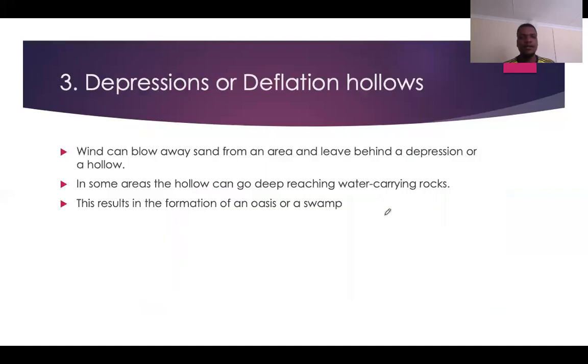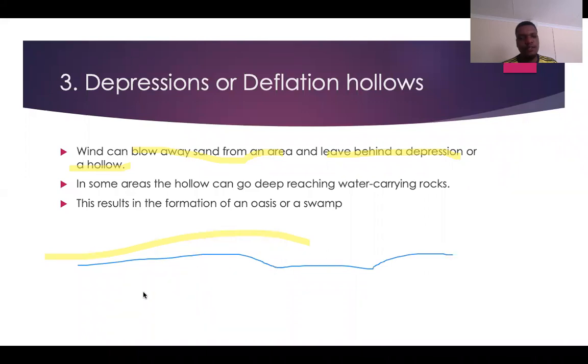Then the third thing on erosion is depressions or deflation hollows. I've already explained this. It's when the wind blows away sand from an area, and this leaves behind a depression or a hollow. So let me draw. This is our land.